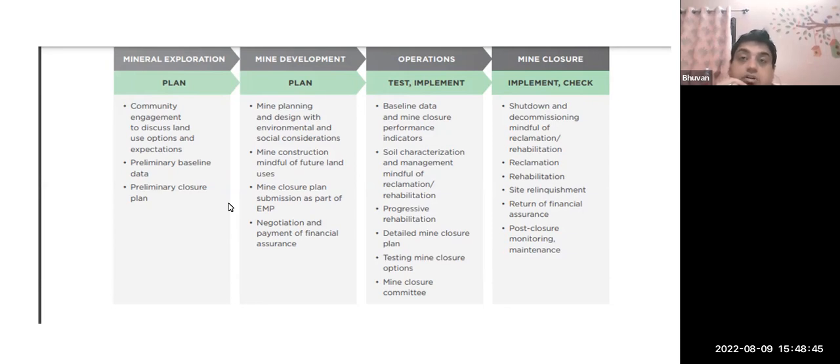It's being carried out in some parts of the country, especially in Madhya Pradesh, Maharashtra, and Odisha. So this process must be amalgamated and considered as the ecological restoration of the mining site during the mine closure operations.